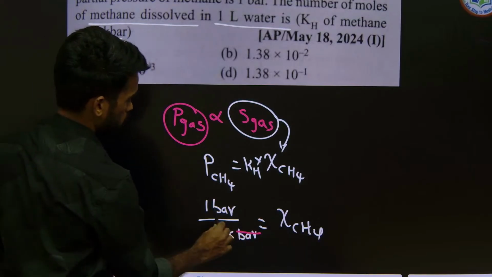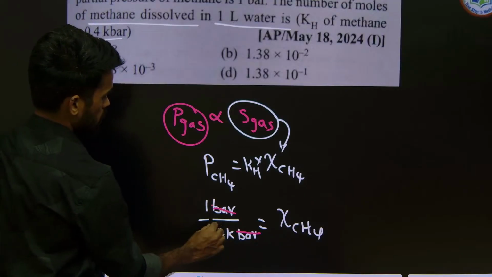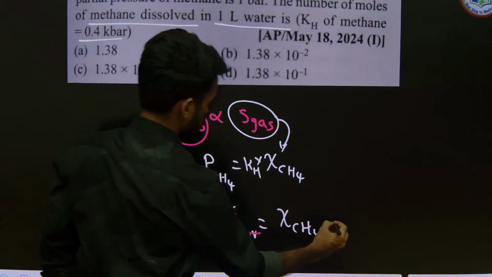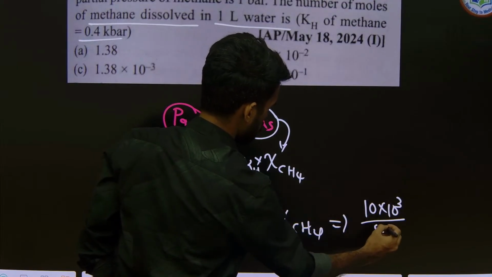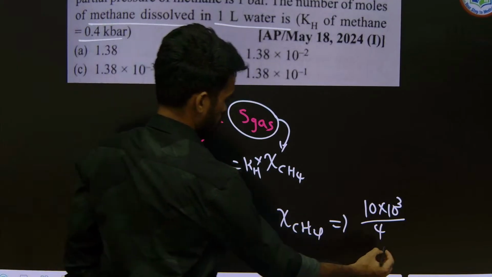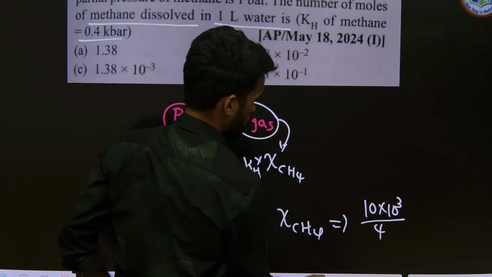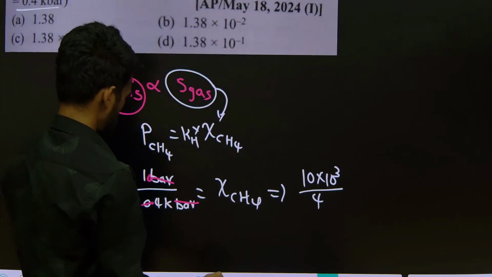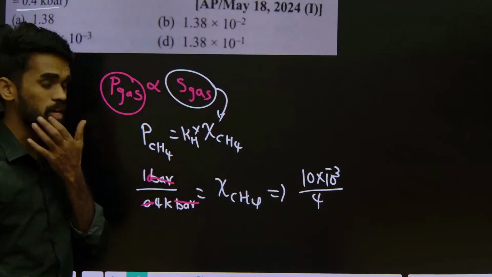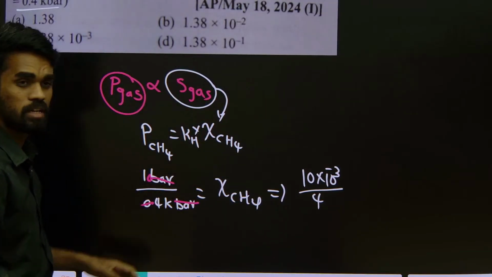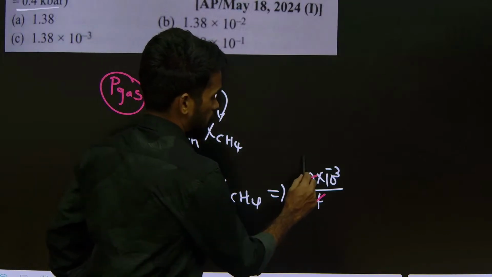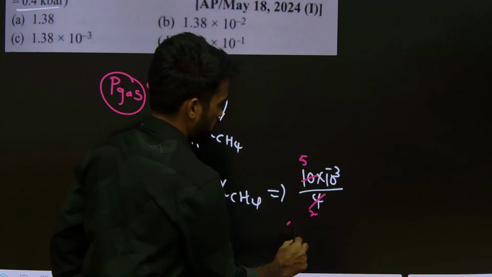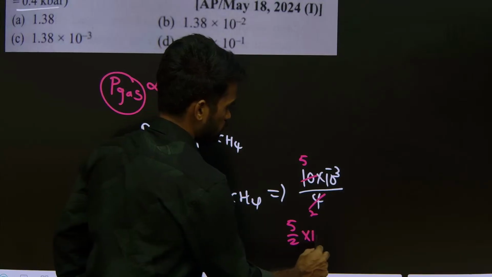So I can write this as 10 by 4 kilo, it means 10 into 10 power 3 by 4 will be the mole fraction. See, kilo means 10 power 3, I am writing in the numerator, it becomes 10 power minus 3. So this will be 5 by 2 into 10 power minus 3.